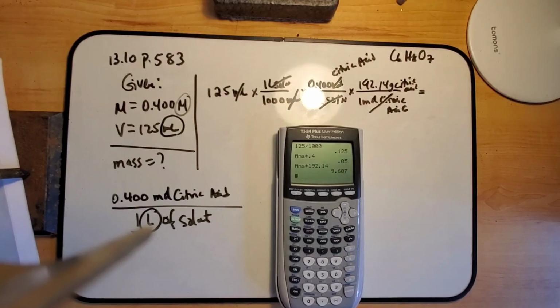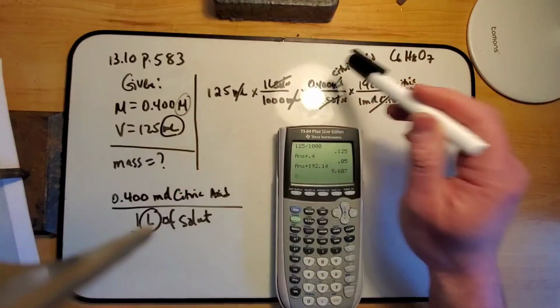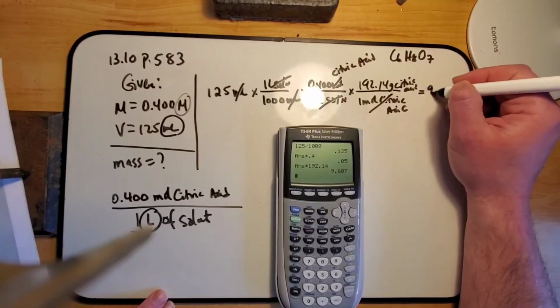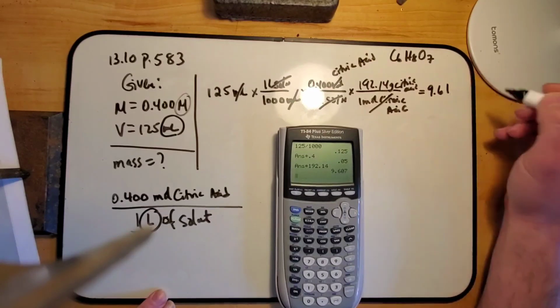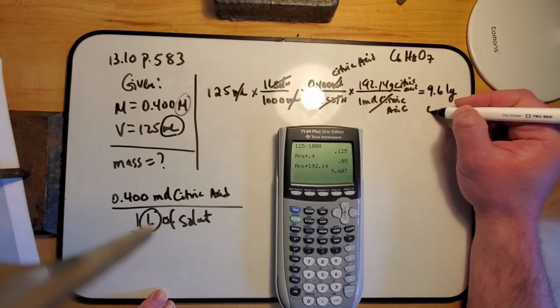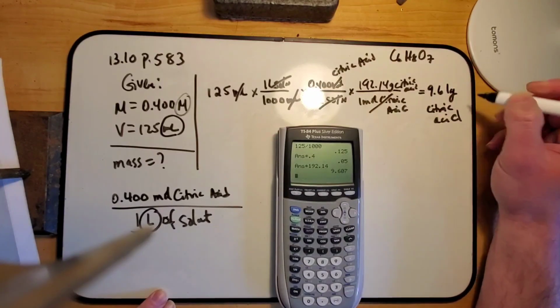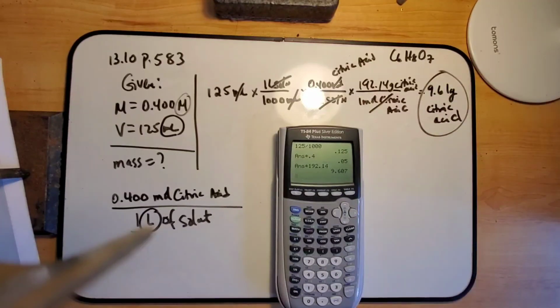Now, significant figures: 3, 3, 5. So, of course, I'll go by the smallest number of significant figures. 9.61 grams of citric acid will be my final answer. And that's how you use the molarity as a conversion factor.